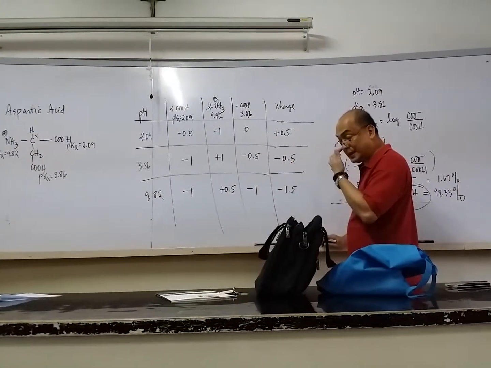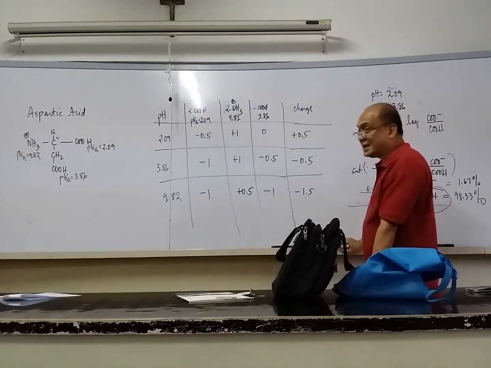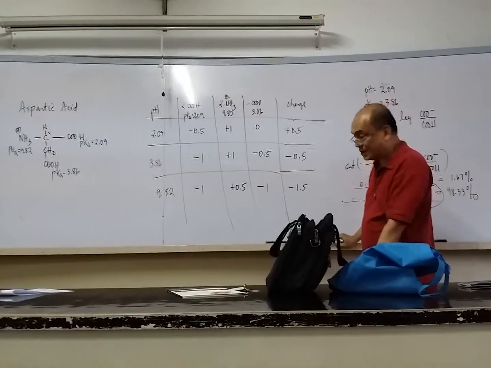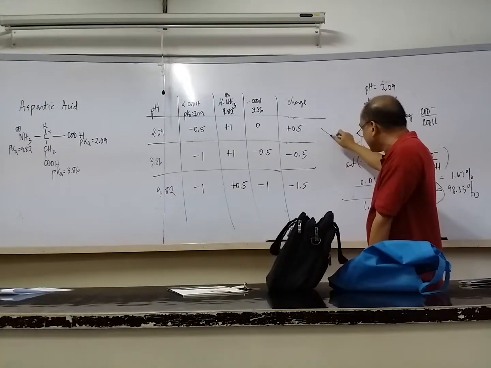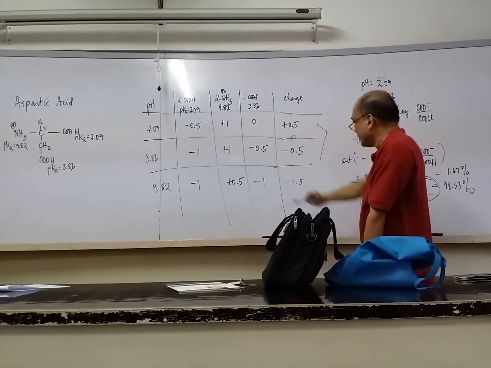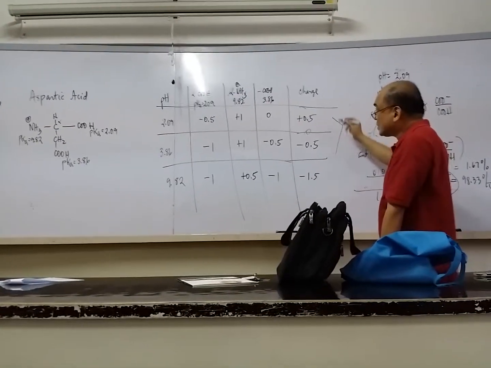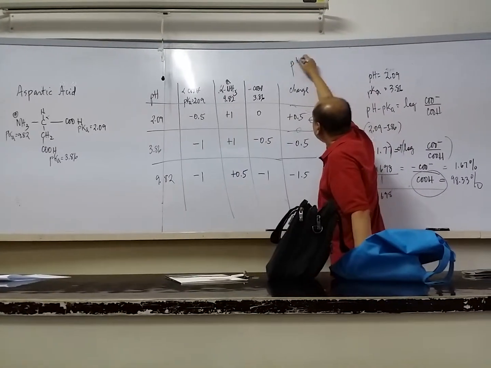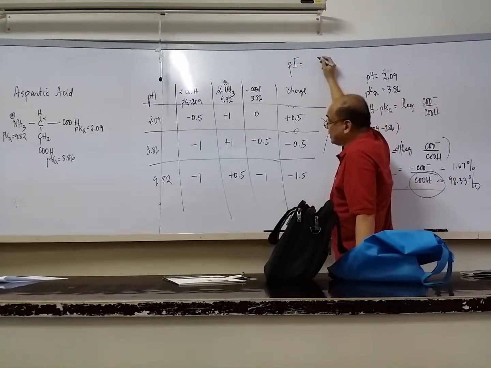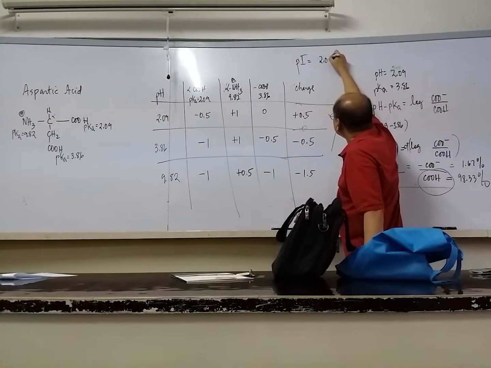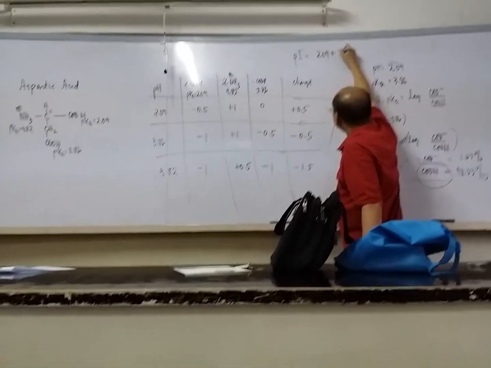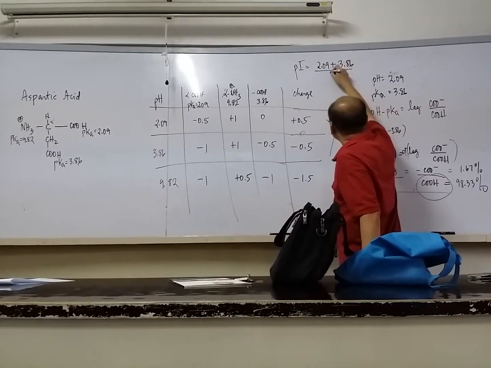So you get the two pHs wherein in the middle of that, there is a 0. So itong dalawang pH na to, in the middle of that, there is a 0 there. So in the computation of the isoelectric pH, that would be 2.09 plus 3.86 divided by 2.